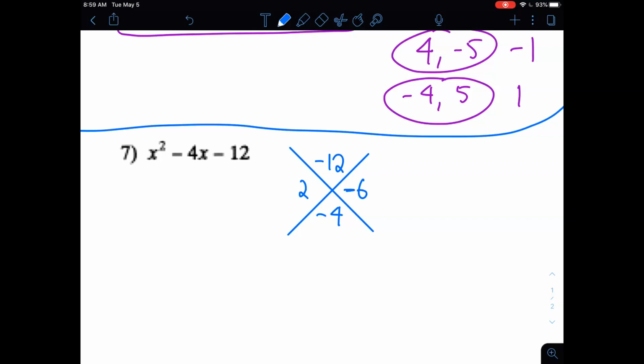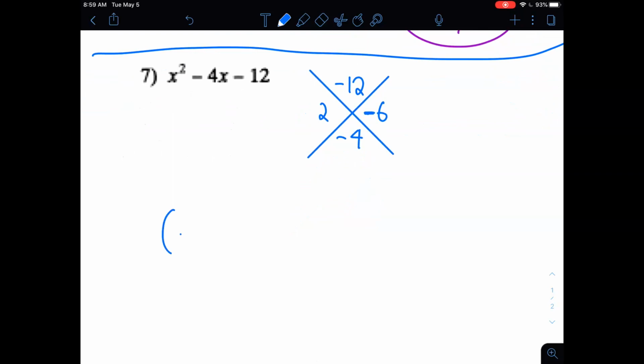It should be negative 6. And the way you can tell that is if this number is negative, it means the bigger number needs to be that sign because it's going to overpower the other number. So because this is negative 6 and it's negative 4, negative 6 plus 2, negative 6 is going to overpower this 2, and it's going to make it more negative. So there's our answer. We got x plus 2 times x minus 6.